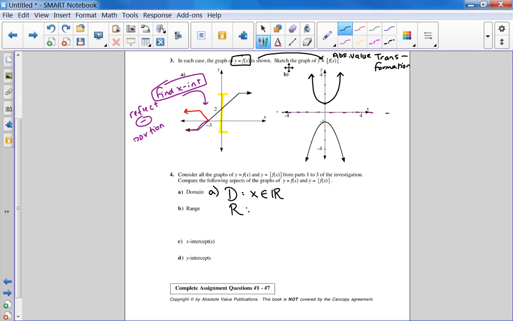What is that value? I can't even see that. It doesn't tell you? Well, this is 2. And I'm assuming that this is roughly the same.